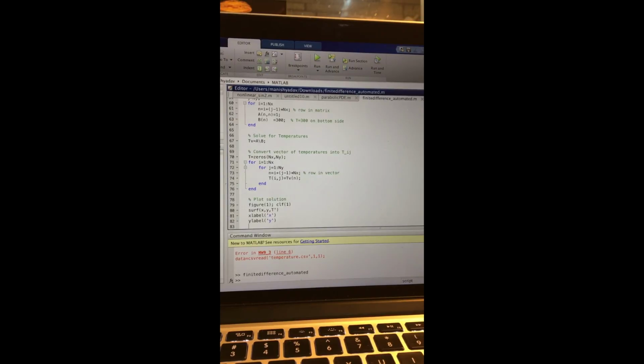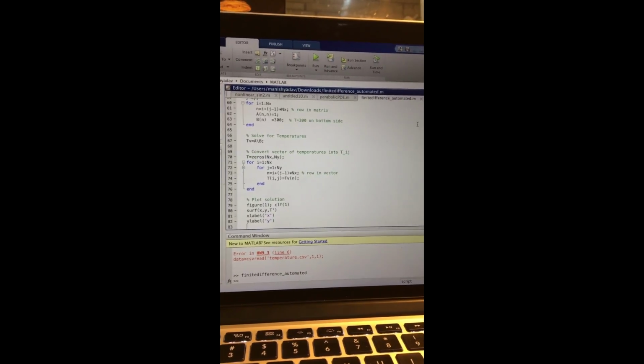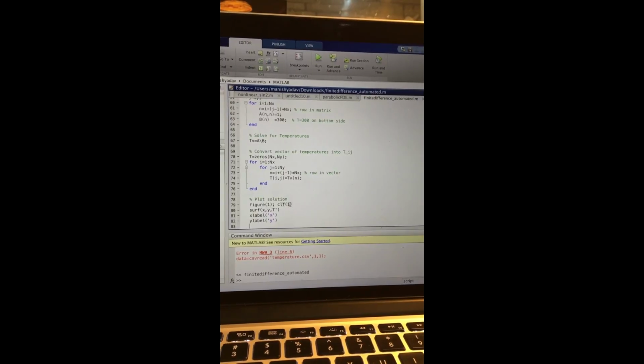Tij is equal to T divided by n, and here our loop ends. So I just put the plot of the solutions, figure 1 and figure 2, with x, y, t, an x label for the x and a y label for the y. And now I'm going to run this code.